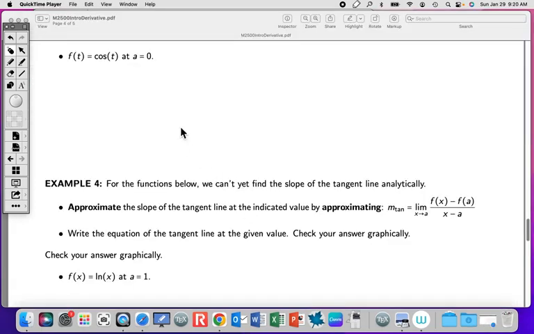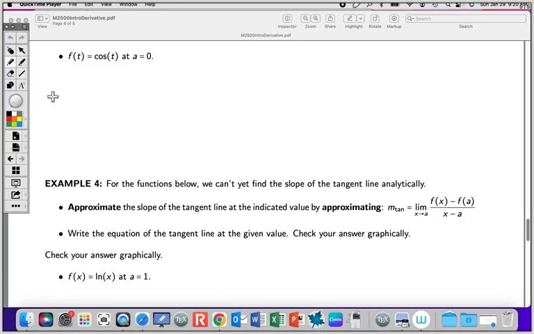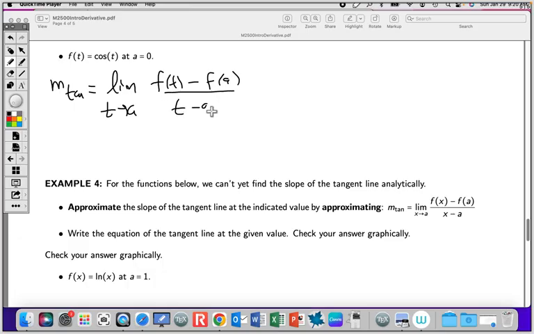Okay, up next, we have f of t is cosine of t when a is 0. So once again, the formula that we're asked to use to find the slope of the tangent line is the limit as t goes to a of f of t minus f of a over t minus a. So in this particular case, the a is 0.